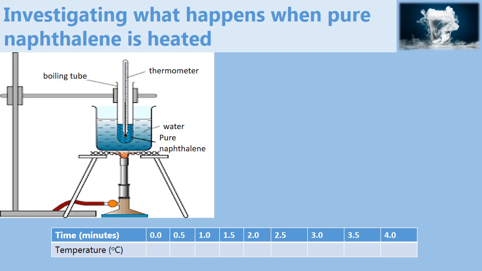In this next setup, we investigate what happens when pure naphthalene is heated. Now, the melting point of naphthalene is about 80.2 degrees Celsius.